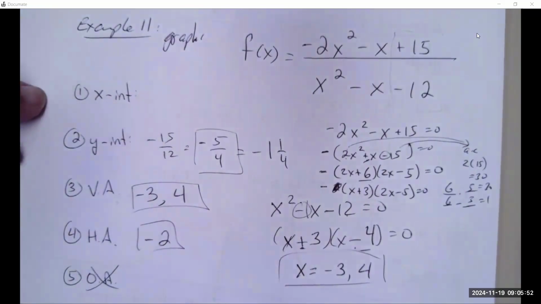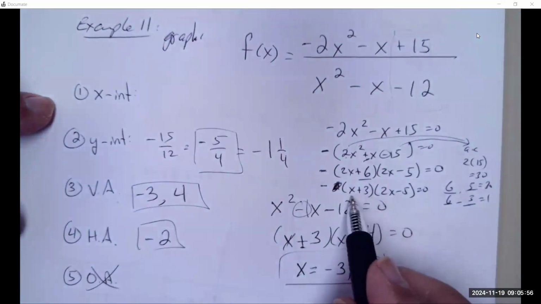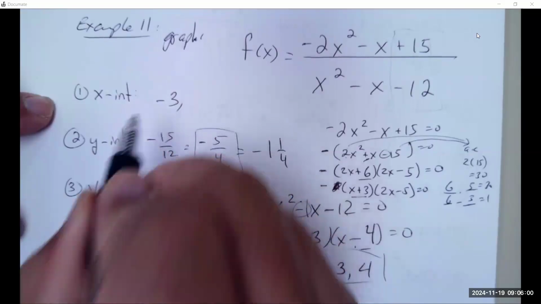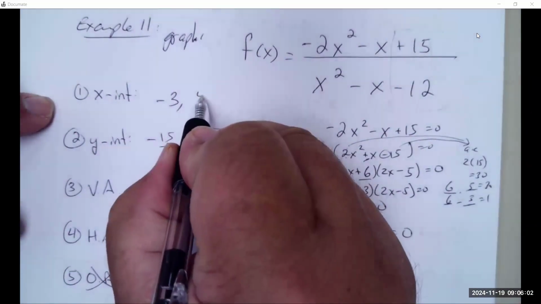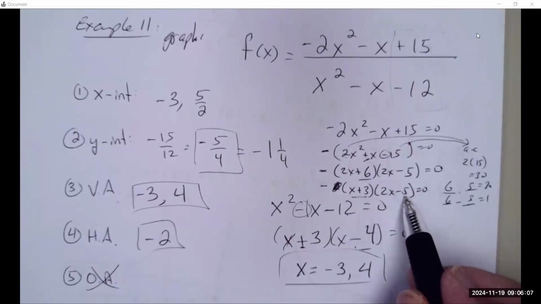What are my x-intercepts? Negative 3 and 5/2. It's whatever that is divided by the coefficient.